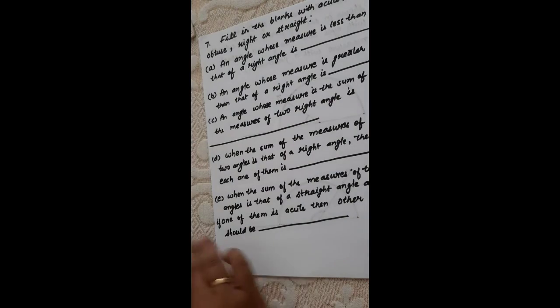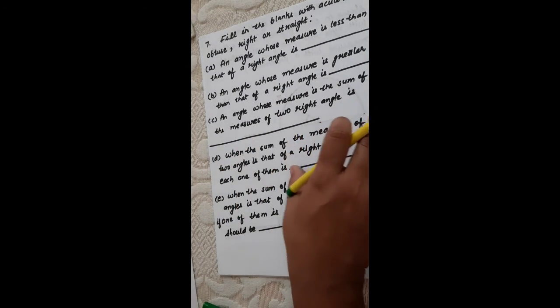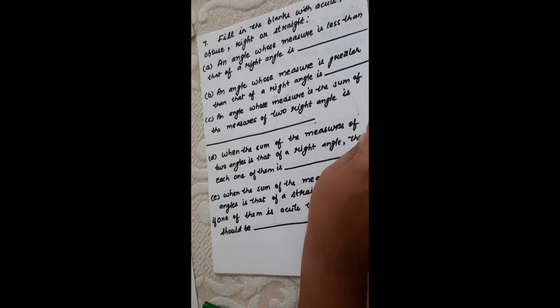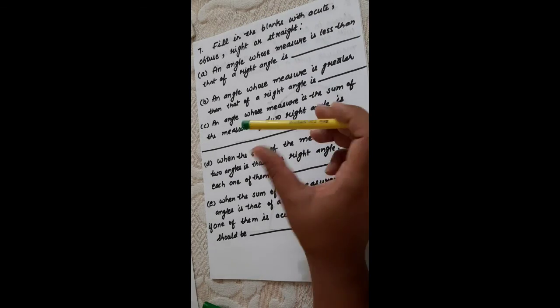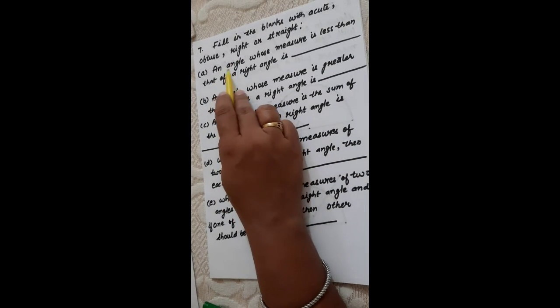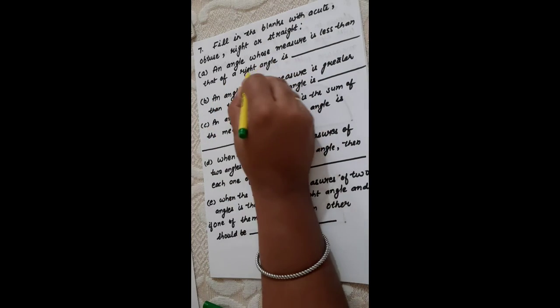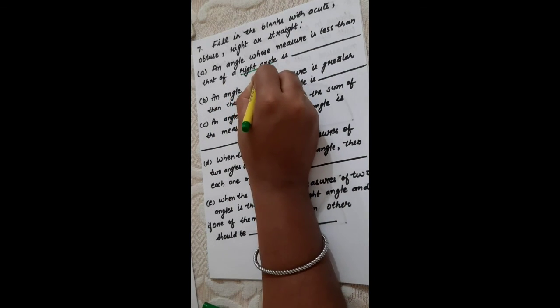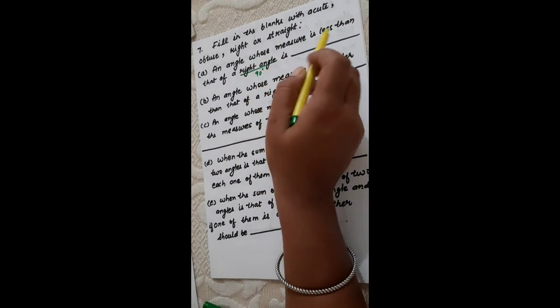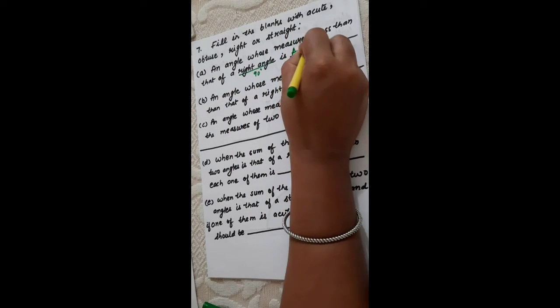Now next I have question number 7. Question number 7 is filling the blanks. We already did this. That is about acute angle, obtuse angle, right or straight types of angle basically. Now A part, we have an angle whose measure is less than that of right angle. Right angle means 90 degree. An angle whose measure is less than 90 degree is acute angle.